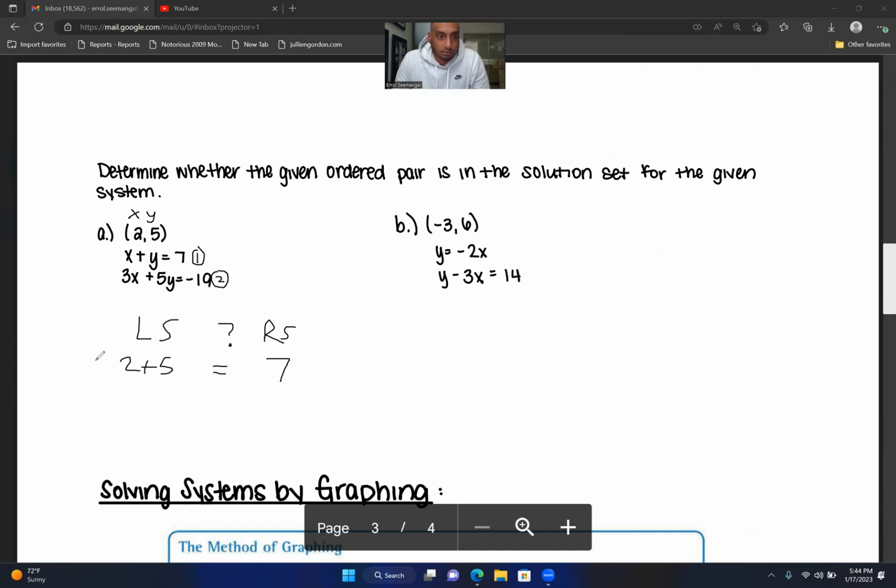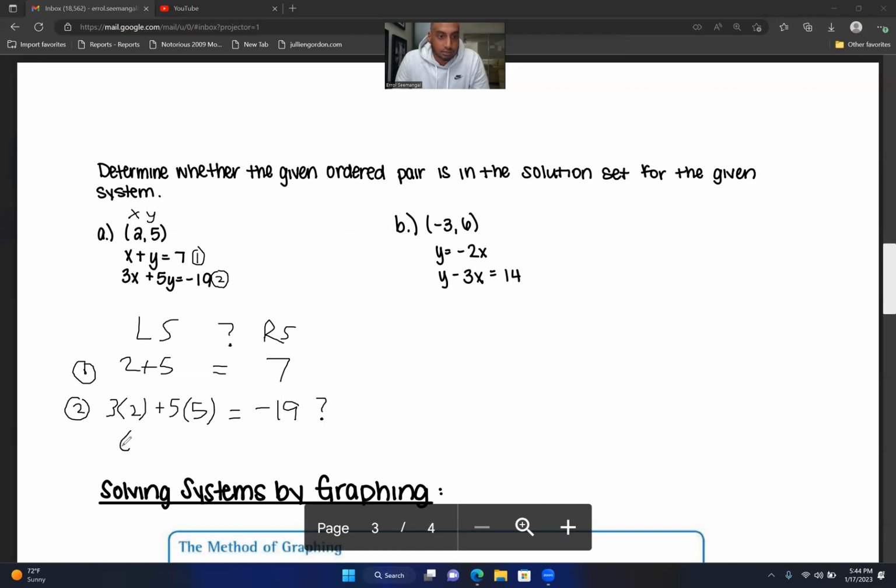Okay, so this is equation 1. Equation 2, just substitute it in: is 3 times 2 plus 5 times 5 equal to negative 19?